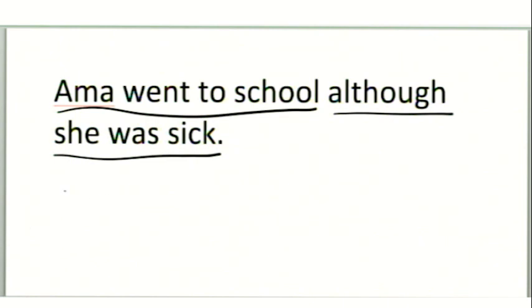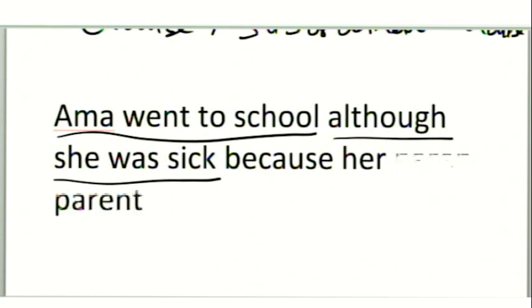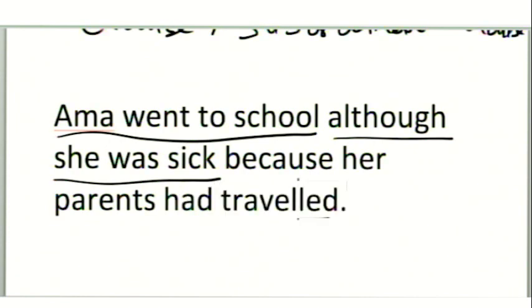In some complex sentences, you can have more than one subordinate clause. So we can continue here and say, Amma went to school although she was sick because her parents had traveled. Okay.